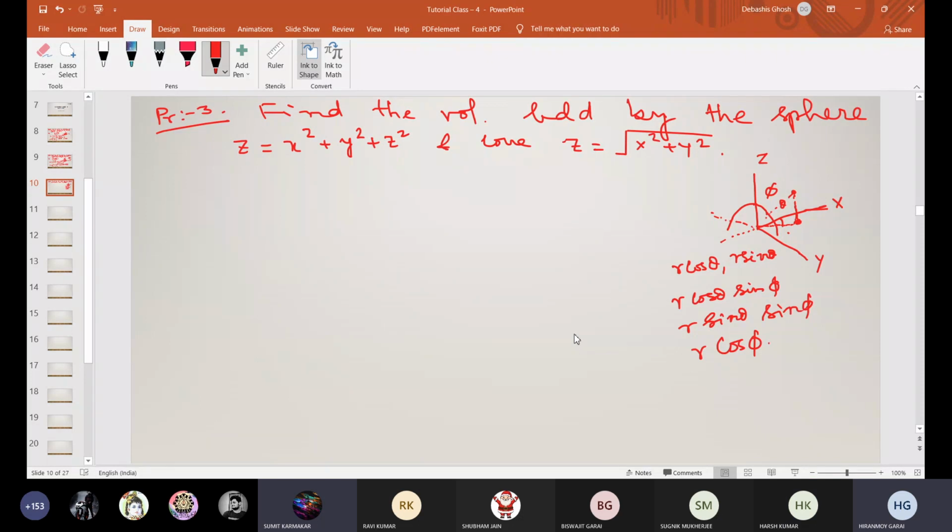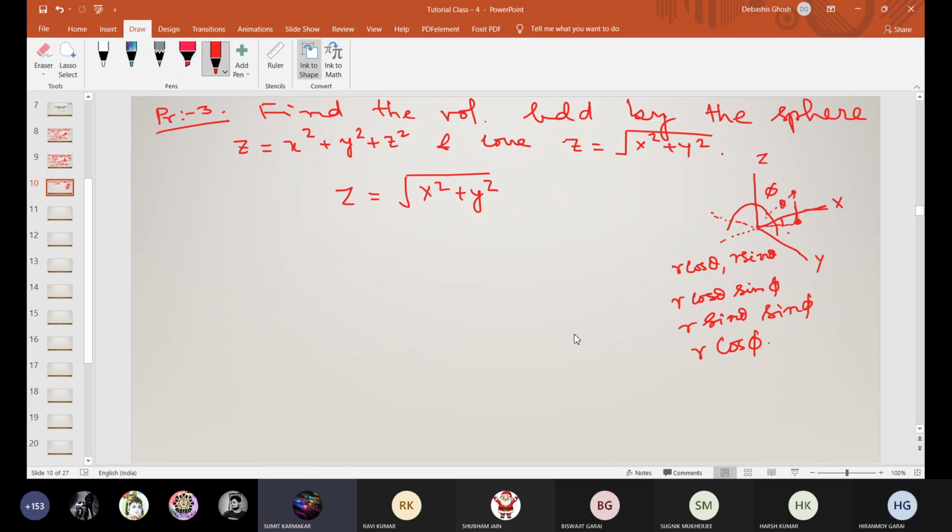For theta, you just consider the cone, where z equals the square root of x square plus y square. So z is r cos phi.